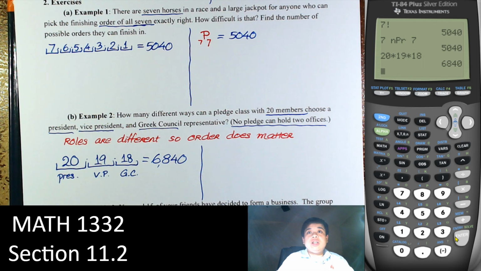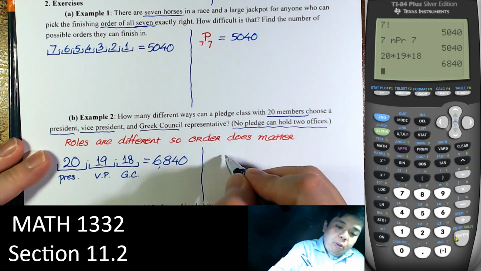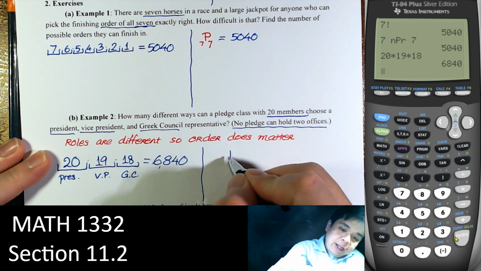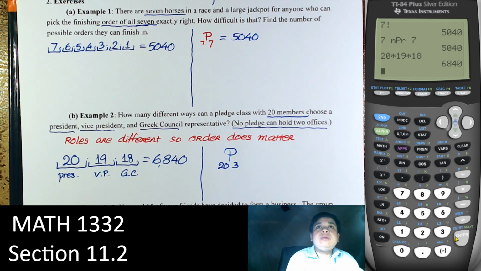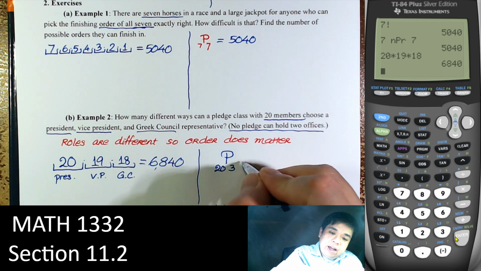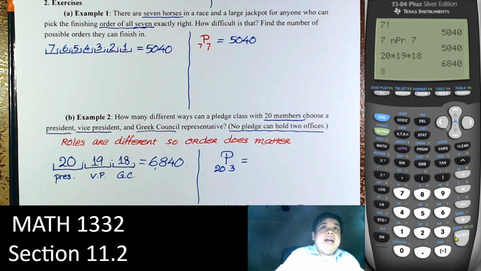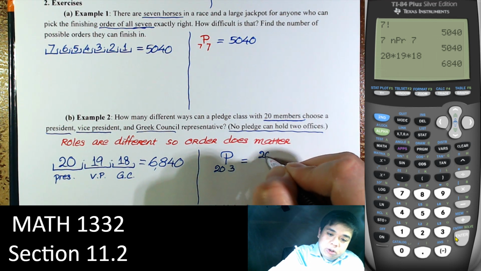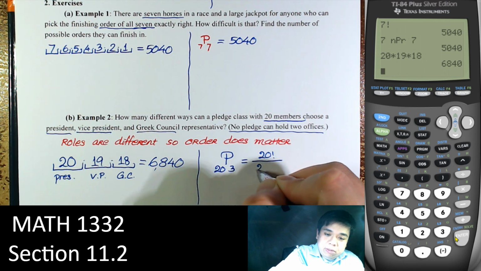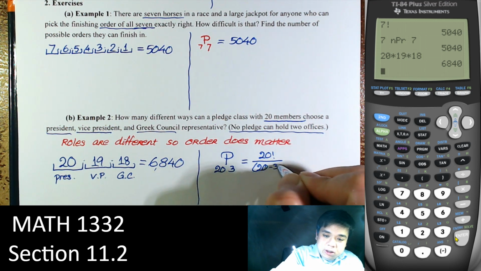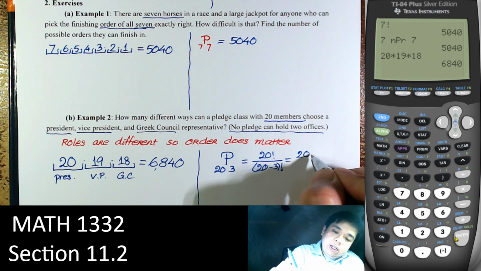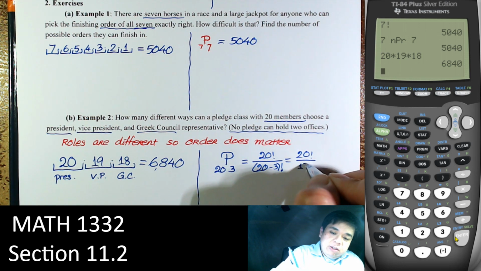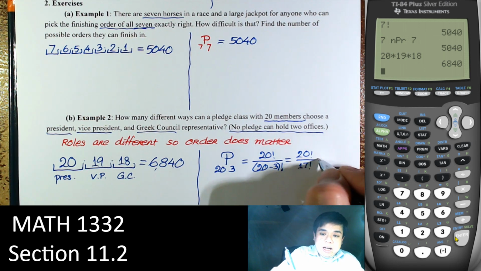That is if we just use it without permutation. For permutation, there are 20 of them, and we only choose for 3 positions. And of course you can use 20 factorial over 20 minus 3 factorial, or 20 over 17 factorial, and you can get the answer.